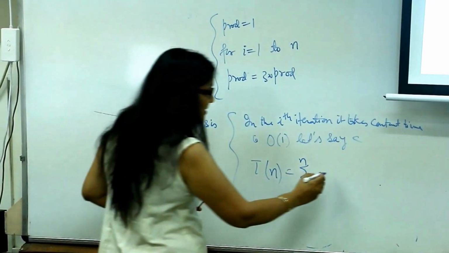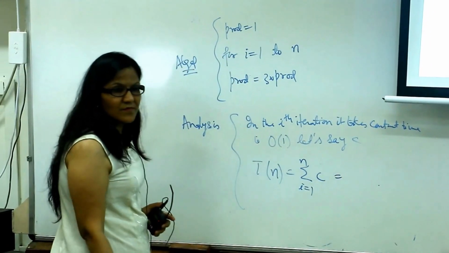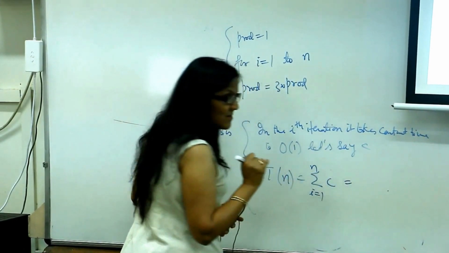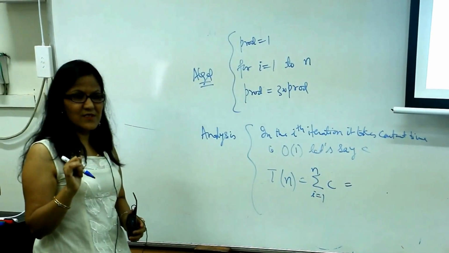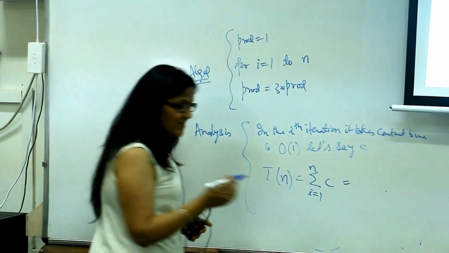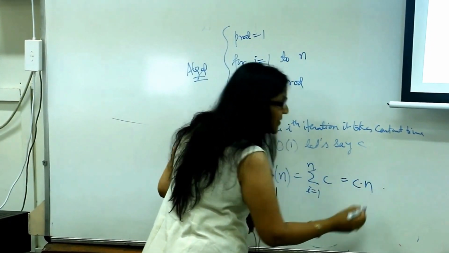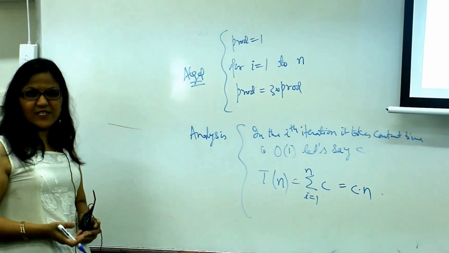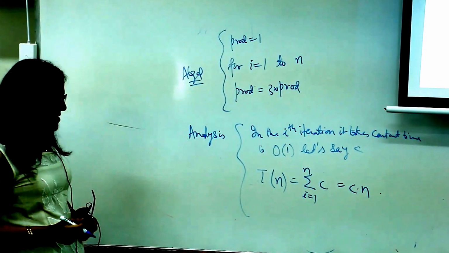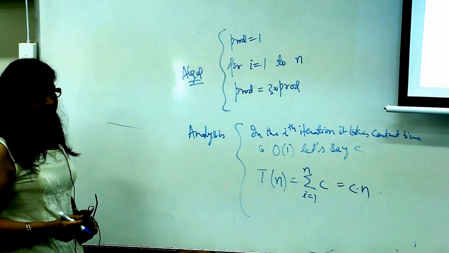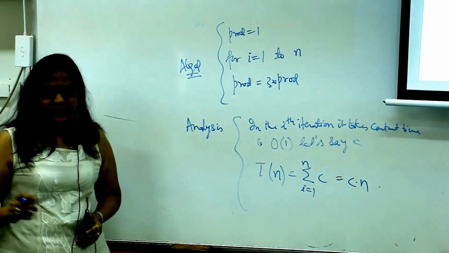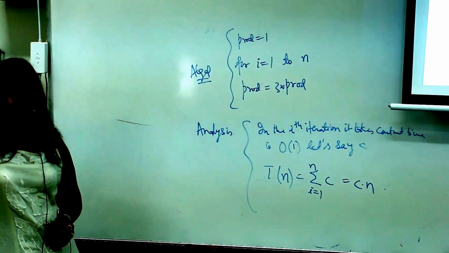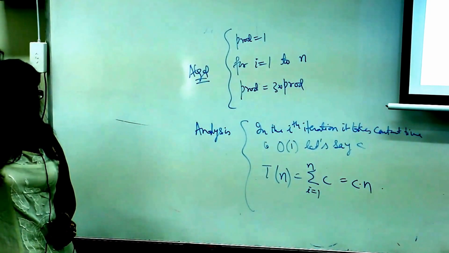Now what is this? Cn. I am just adding C, n times. So it is Cn, so it's order n.